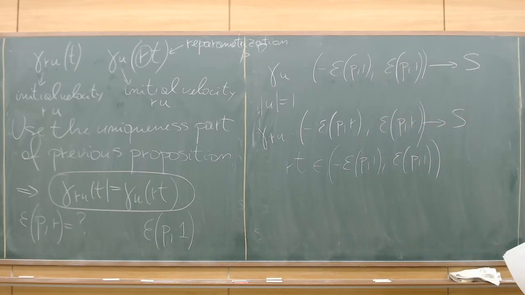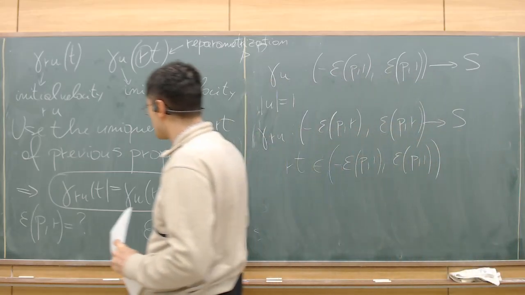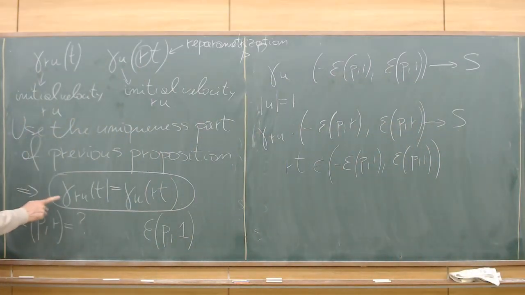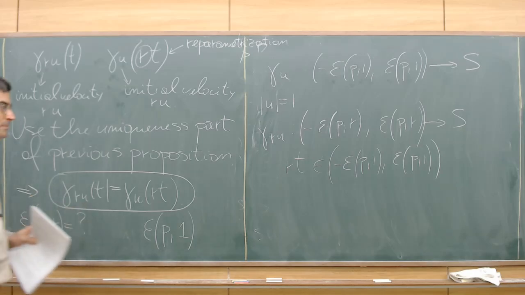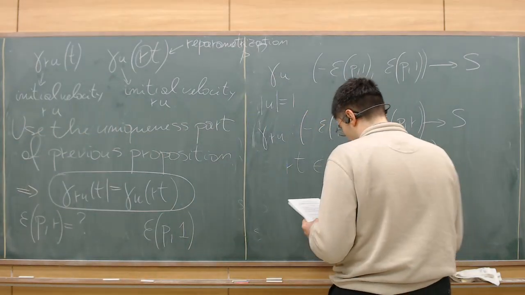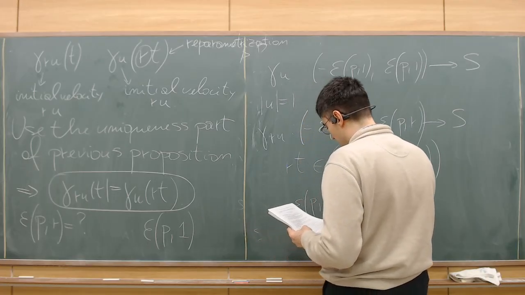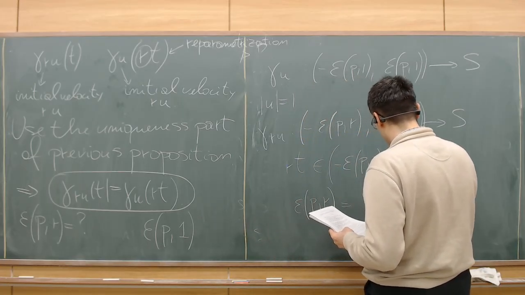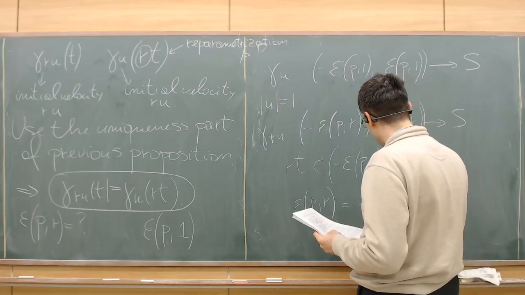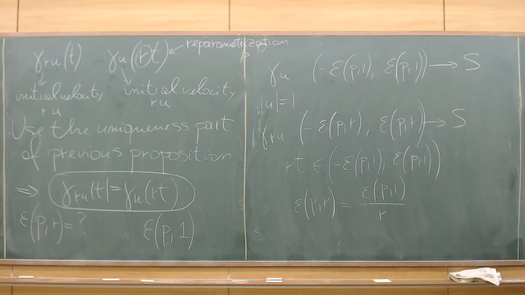What can you say about the domain of gamma RU? Simple. Epsilon PR is equal to epsilon P1 divided by R. Why?